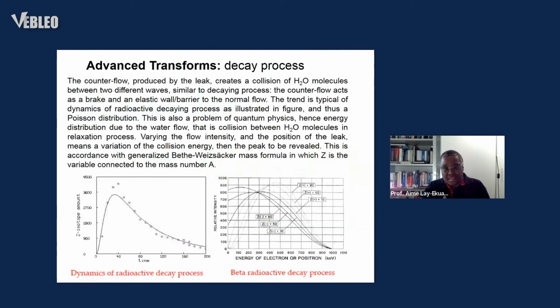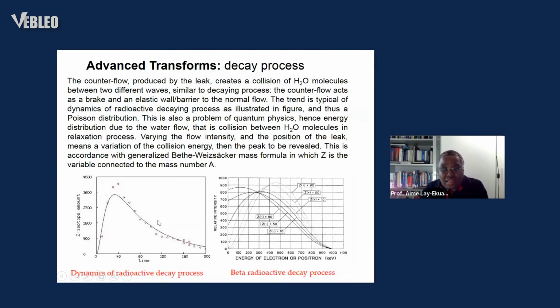So we can say that if we deal with the FDM, if we deal with DSD, DLP, PDA, and so on, this kind of advanced transforms, we have to face the problem as the experts are doing in the decay process in radioactivity.